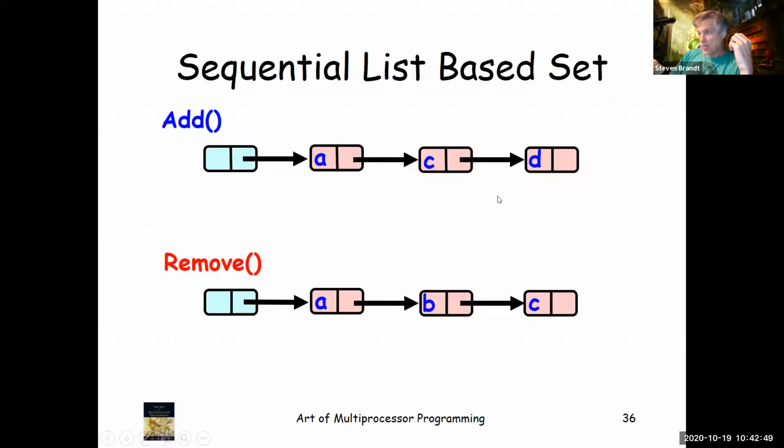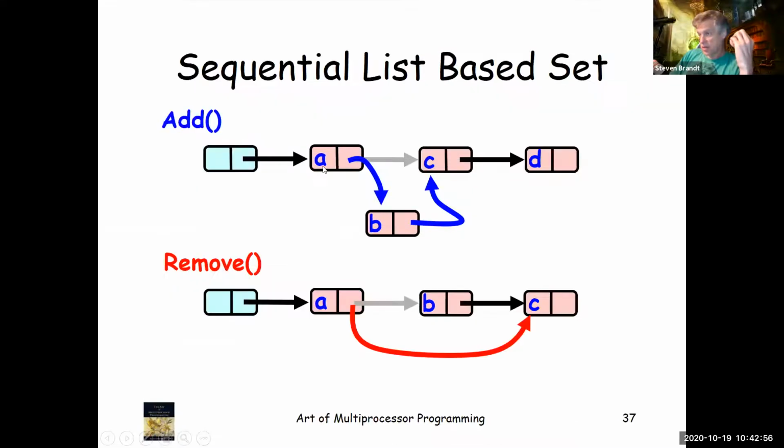So here's what an add looks like, and here's what a remove looks like. We're going to start with A, and we're going to add B, and then we're going to have the list A, B, C, D, and then we're going to remove, and that's going to take the A. Or, hold on, let me back up.